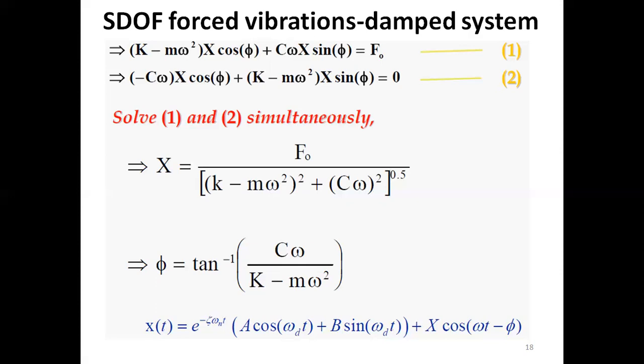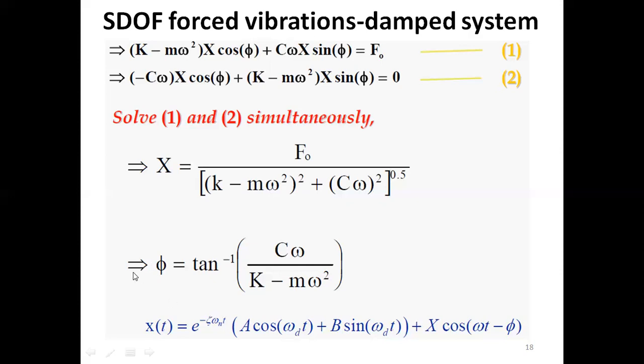Because of the damping in the system, the forcing function and the response would not be in phase; there would be a phase shift between these two signals, and that phase shift between the forcing function and the response is represented by this phi.